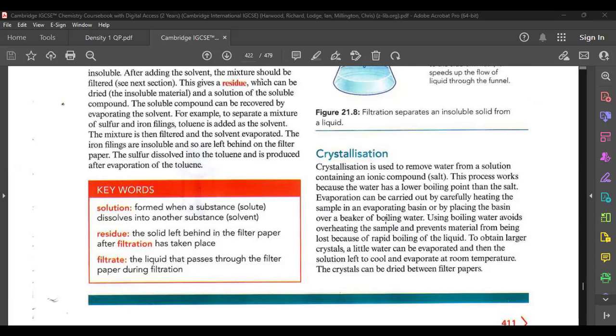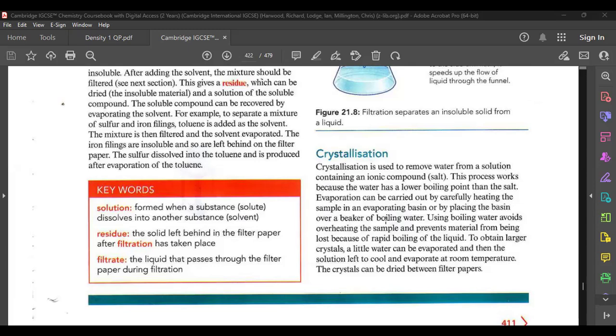When we heat the sample and the water boils, we avoid overheating the boiling water. Why? Because it would prevent the material from being lost. So we heat the solution slowly, which helps us separate the required material.